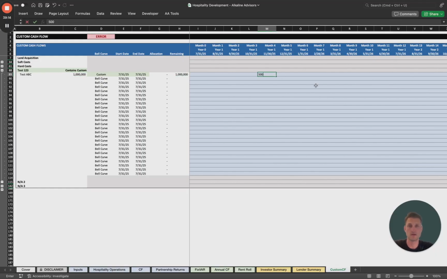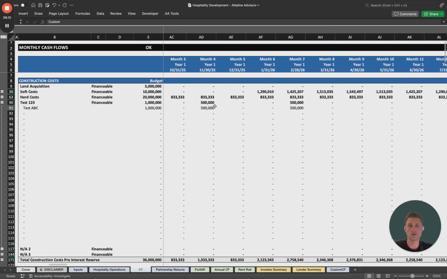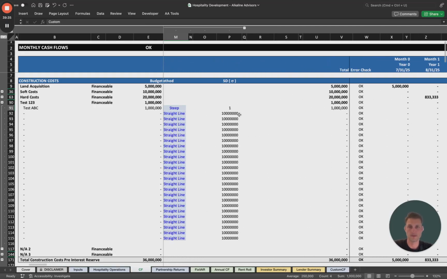Let's say we spend 500 in month 4. Now you'll see we have 500,000 left, and 500 in month 7. Let's make that 500,000 in month 7. The whole thing shows up as green. We go back to the cash flow tab, and there's no more error, and we're showing 500K in month 7 and 500 in month 4.